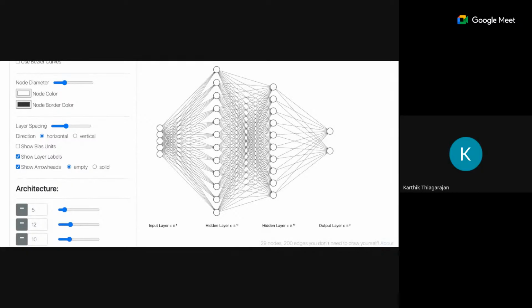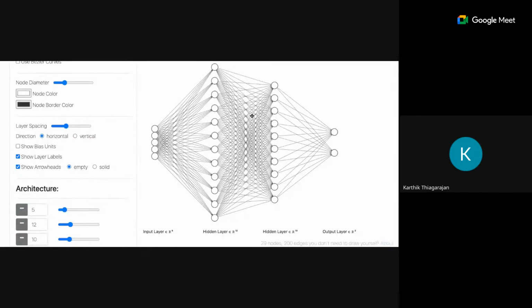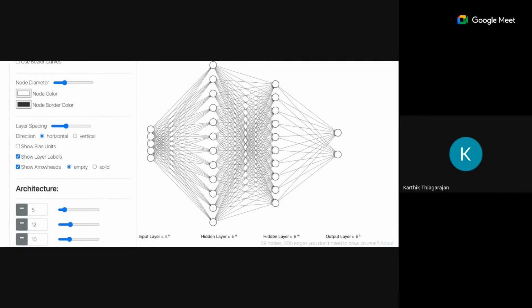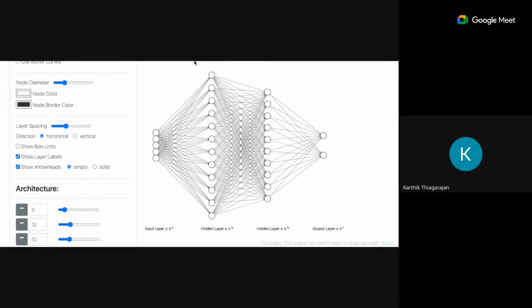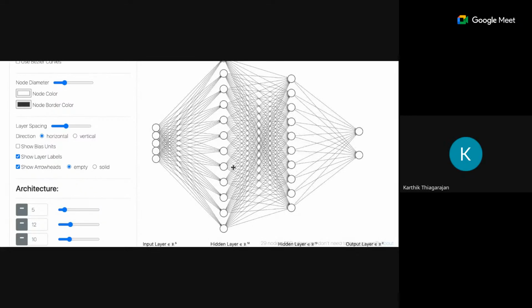In terms of graph theory, can someone tell me what kind of a graph this is? This is a special kind of a graph. Does anyone know the name of this graph? Connected graph. Well, strictly speaking, it is not connected, because if I am in this node, I can't reach this node.